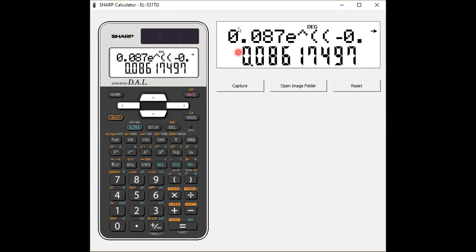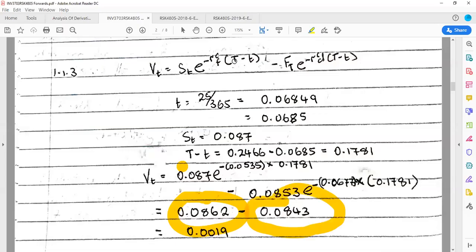And then the second part that we subtracted, this part of 0.0843, I'll also illustrate how I got this, okay?